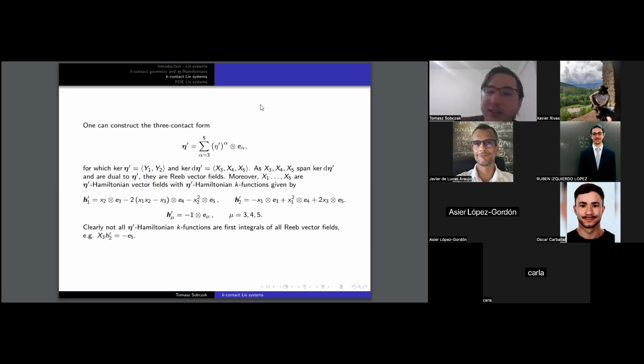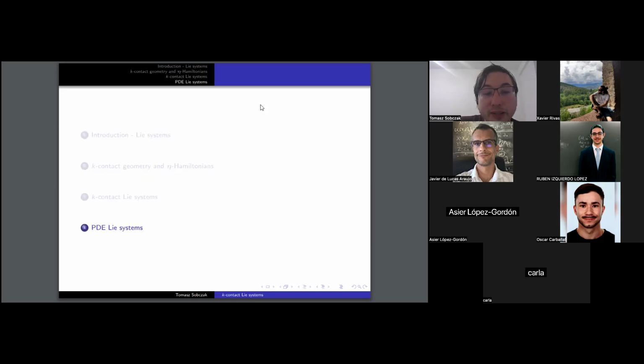So this was lacking before, and I believe it is worth noting that this theorem is really useful and really powerful. And we'll use it also later for the PDE systems.